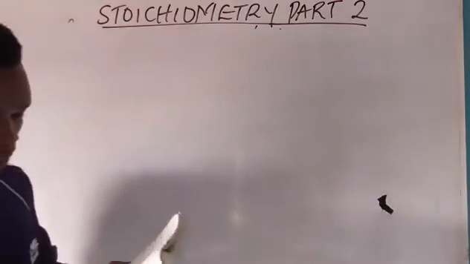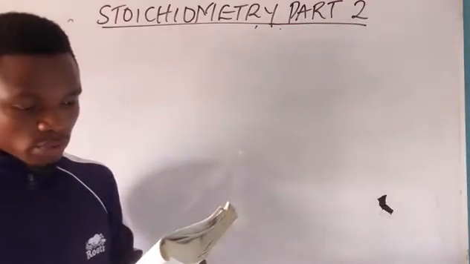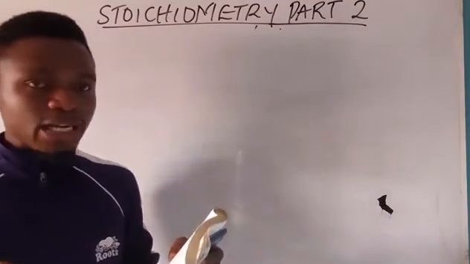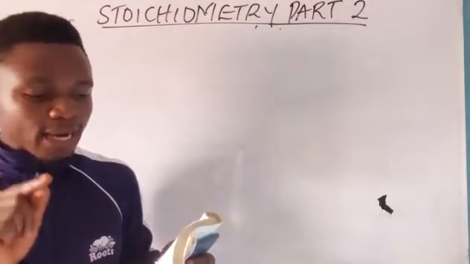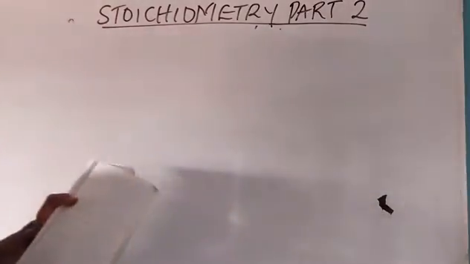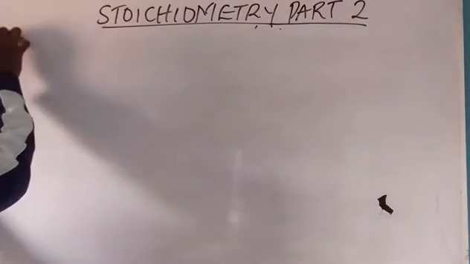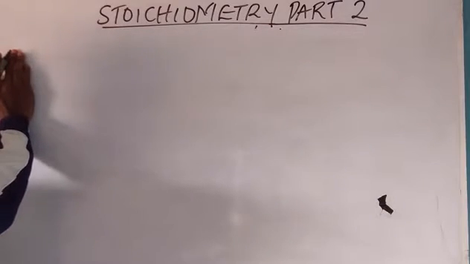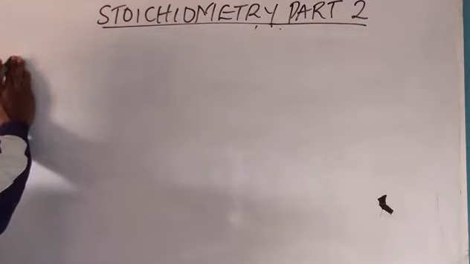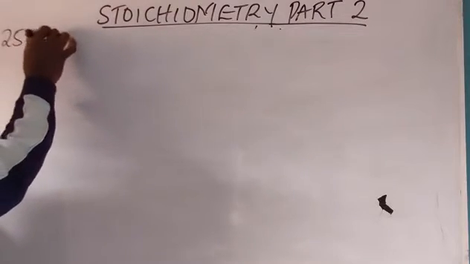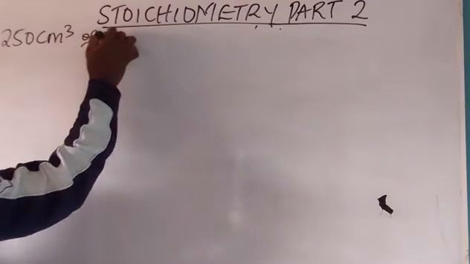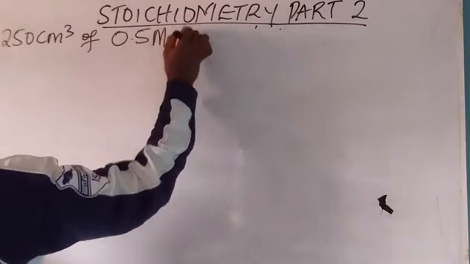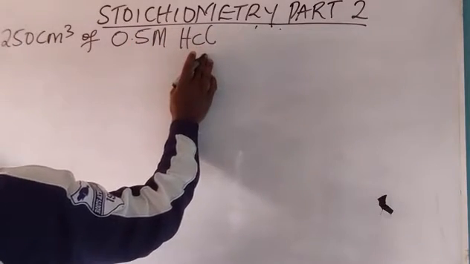The next question is, where's the next question, please? It said, how much of magnesium is required to react with 250 cm cube of 0.5 M HCl?